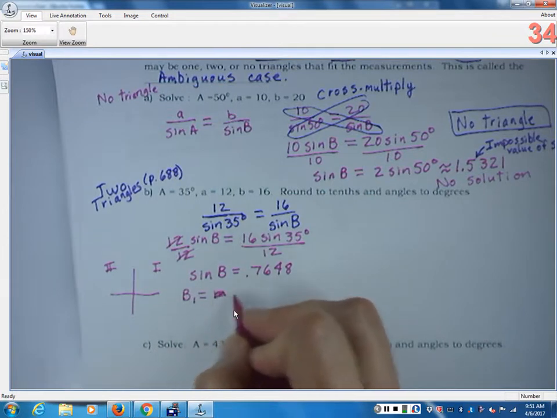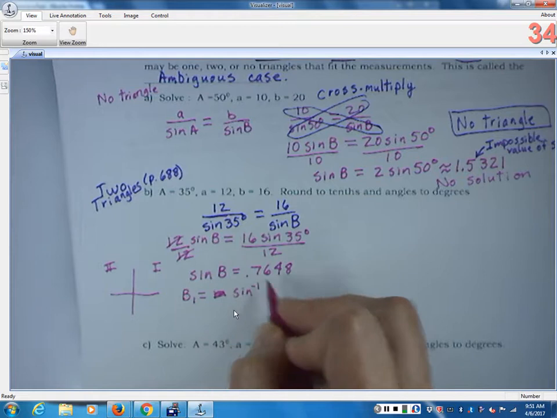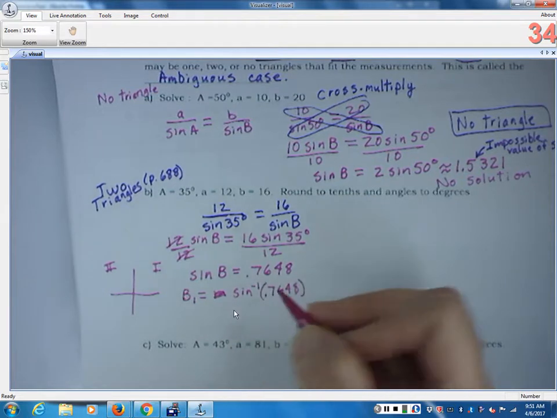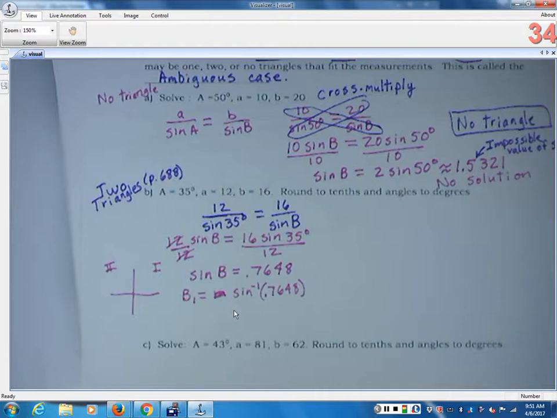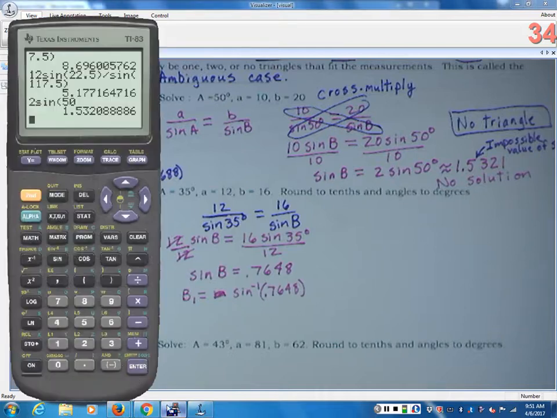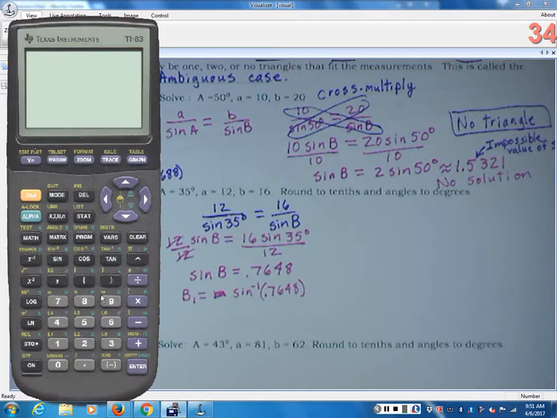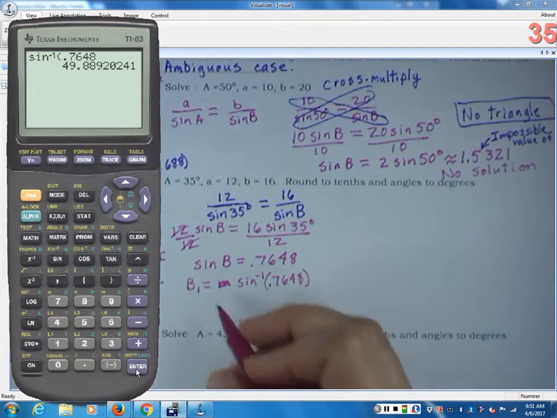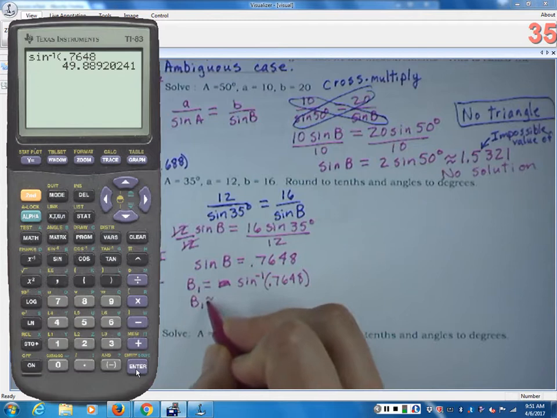Sorry to write inverse sine out, but inverse sine of 0.7648. And it did say to give the angles to the nearest degree, so we're just going to let it be about 50 degrees.